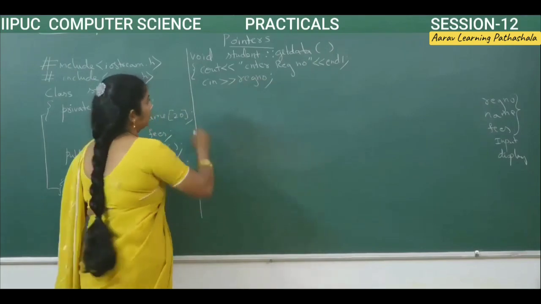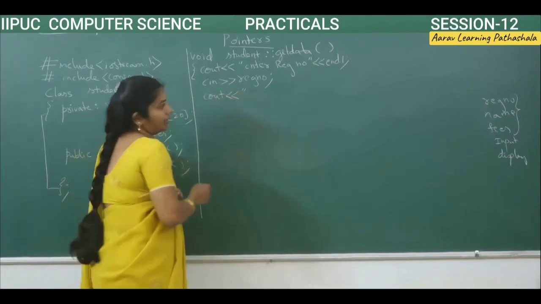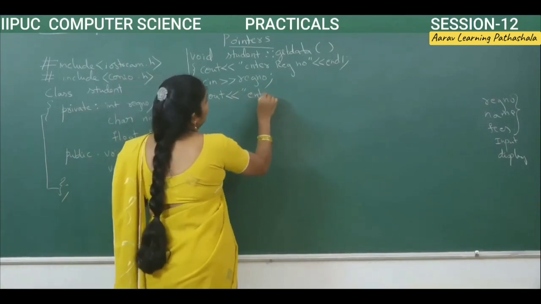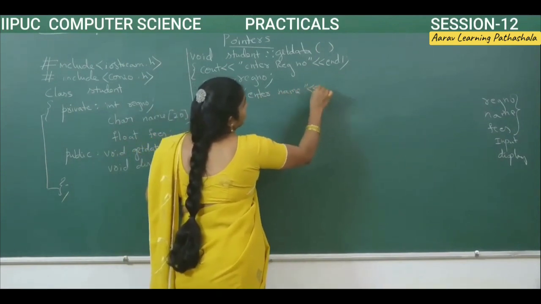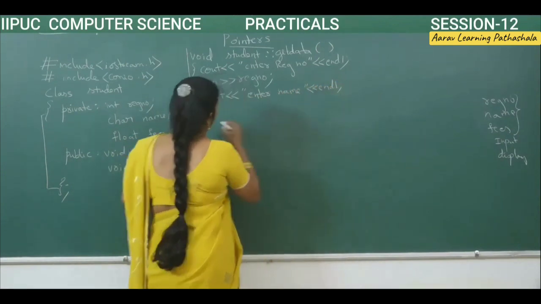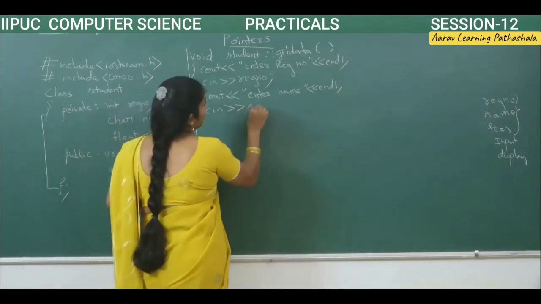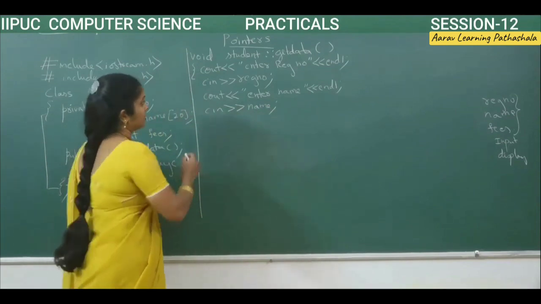Next, now we have to input the name. That is cout, insertion operator, inside the double quotes, Enter name. To move the cursor to the next line, endl function. Now the same extraction operator, name. Next we want to input the fees.